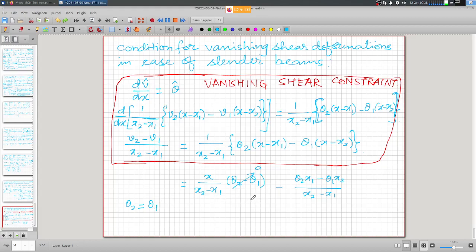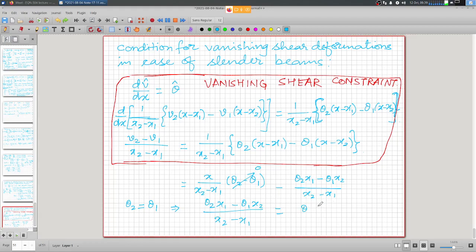And when that happens, what do you have here? Theta 2 x1 minus theta 1 x2 divided by x2 minus x1. What is it? Let's say theta 1, theta 2 are equal.